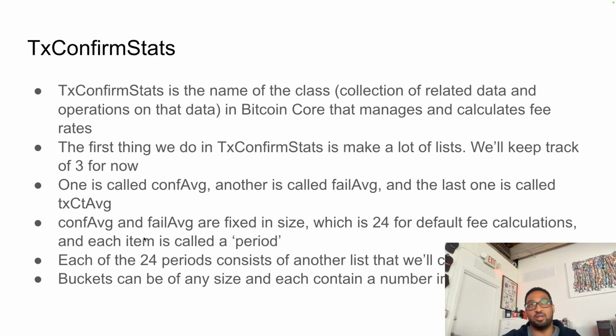These abbreviations are used in the code, that's why I used them here. confAvg and failAvg are fixed in size, which is 24 for default fee calculations, and each item in the list of confAvg and failAvg is a period. Each of the 24 periods consists of another list that we'll call buckets. Hopefully you can visualize that, it's almost like a 2-dimensional array or list, where you have a list of things and each item in that list has another list of things.